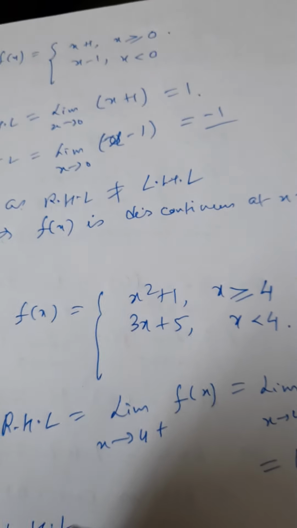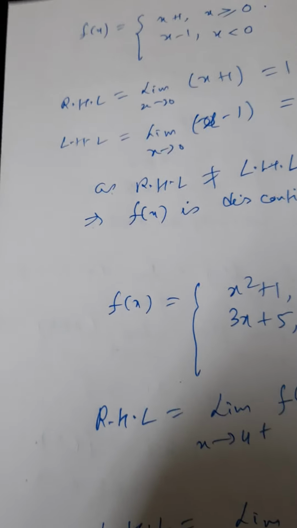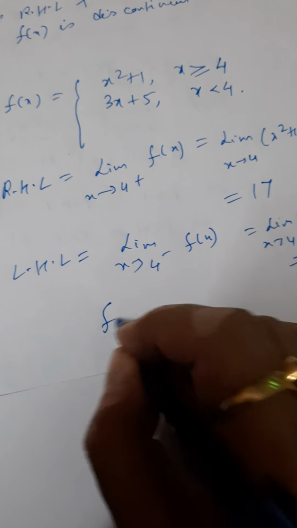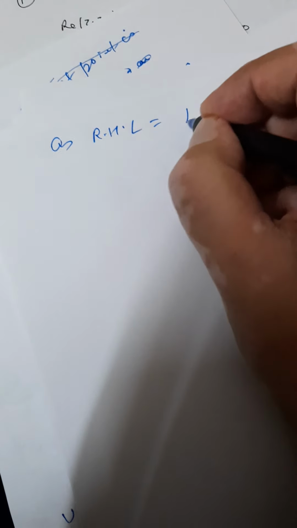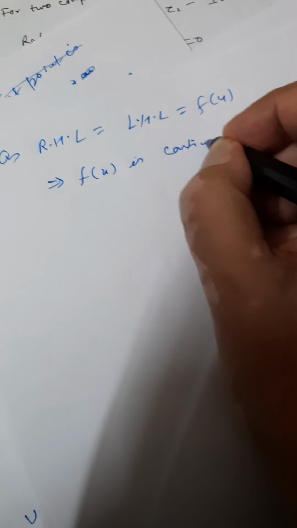Whereas the left hand limit is limit x tends to 4 minus f(x). This is limit x tends to 4 of 3x plus 5, that is 17. And what is f(4)? f(4) is 17. So as right hand limit equals left hand limit equals f(4), the function is continuous at x equals 4.